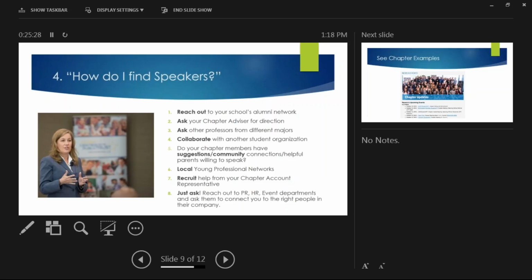And then in other cases, those groups may also have a network of speakers, and so you can reach out to them and say, hey, maybe you all can provide the speaker for this event, but we would love to work with you all because the ultimate goal is to get this discussion going with as many students as possible about the topic of ethical leadership.